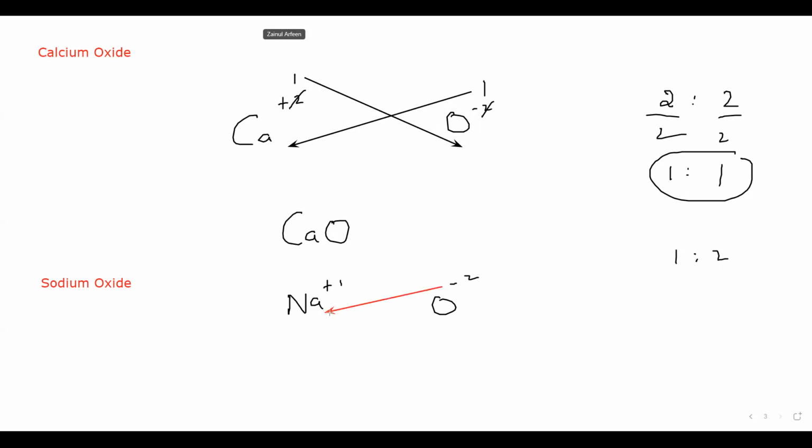So this 2 will come with sodium and 1 will come with oxygen. So the chemical formula of sodium oxide will be Na2O. You simply write O for O1. Is it clear?